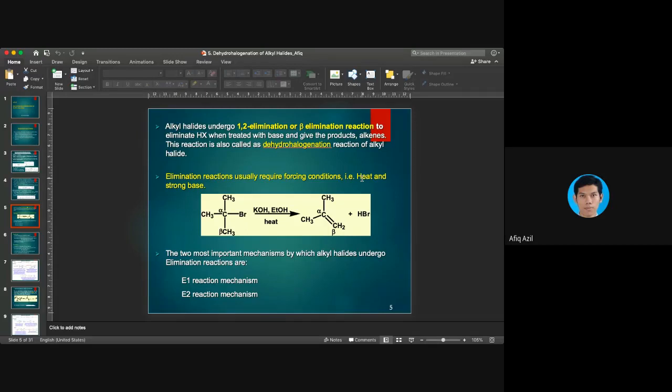If you add hydroxy group, then it will become alcohol. If you add cyanide, then it will become a cyanide compound. Or if you add alkoxy group, then it will become ether. But for elimination reaction, the product will always be alkene.